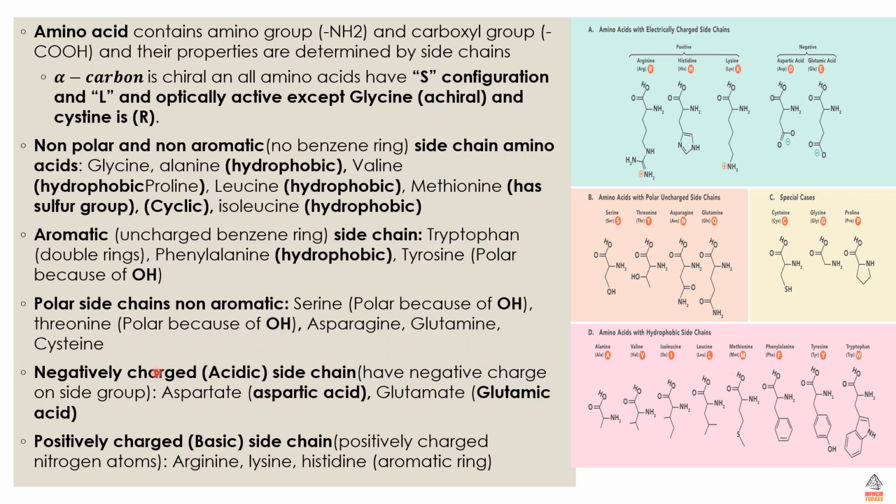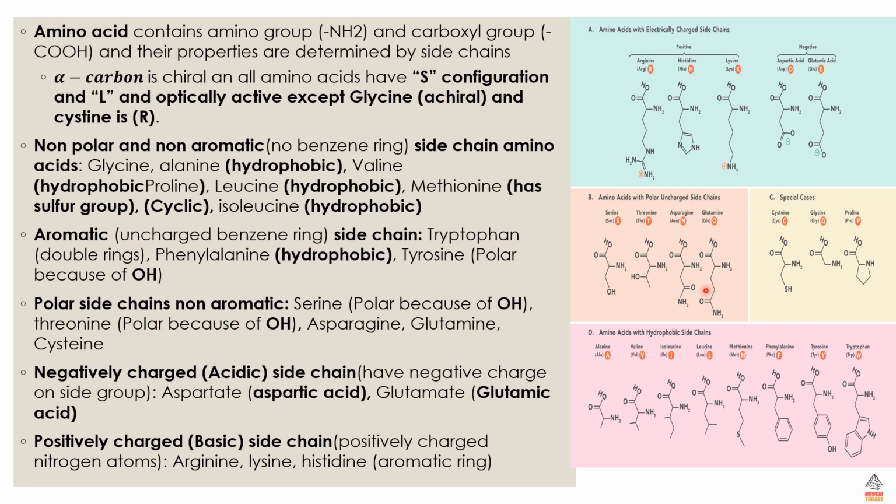Next, polar side chains that are non-aromatic, so they don't have any benzene rings. They're non-aromatic, but they are polar. You've got four here, and you can look at them. They're polar uncharged side chains, with no benzene ring.